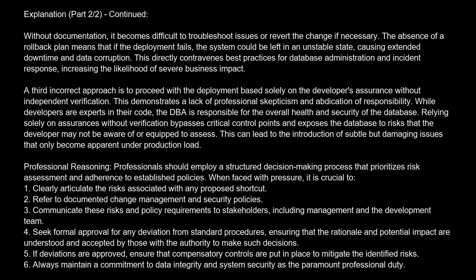Seek formal approval for any deviation from standard procedures, ensuring that the rationale and potential impact are understood and accepted by those with the authority to make such decisions. 5. If deviations are approved, ensure that compensatory controls are put in place to mitigate the identified risks. 6. Always maintain a commitment to data integrity and system security as the paramount professional duty.